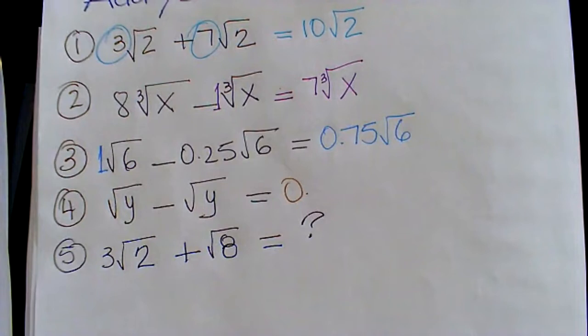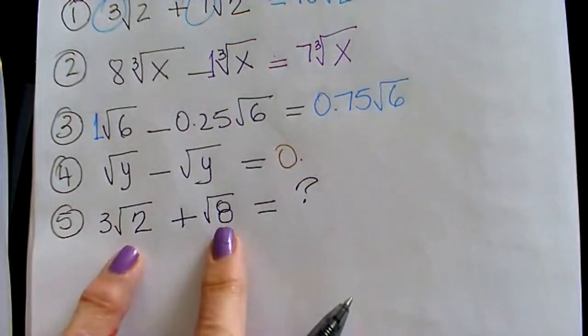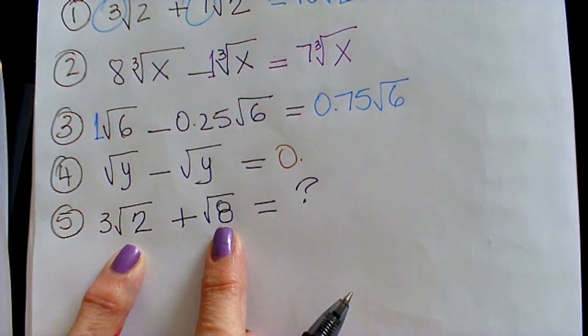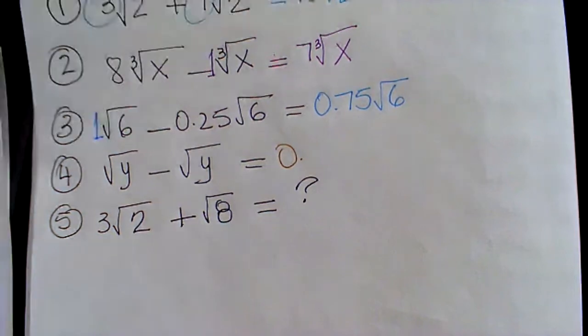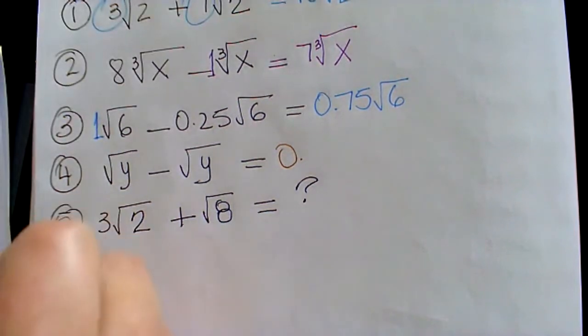All right? So they are not like radicals. But what we can do is try to simplify them, okay? Either one. In this case, we're going to try to simplify the square root of 8. That's the one that we can simplify.